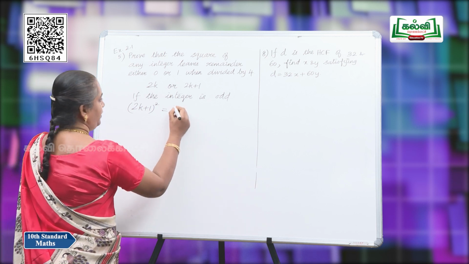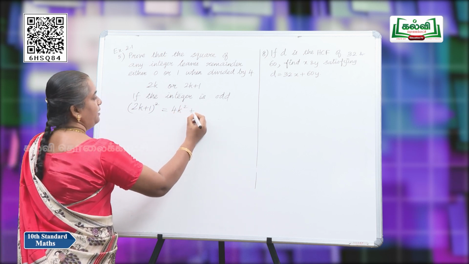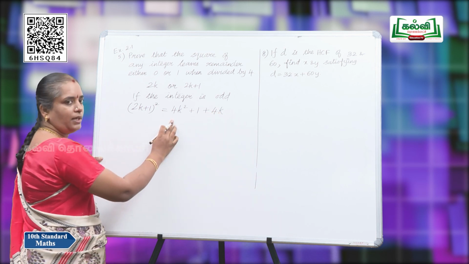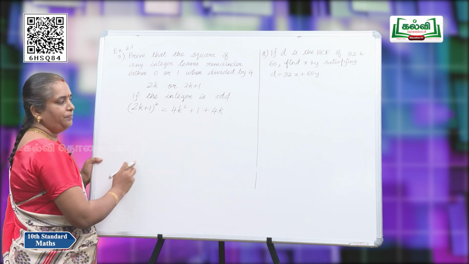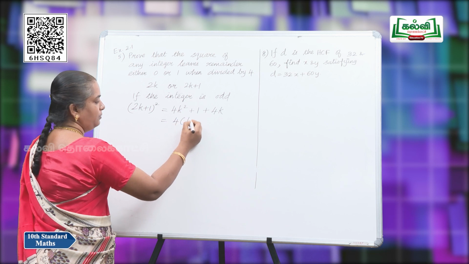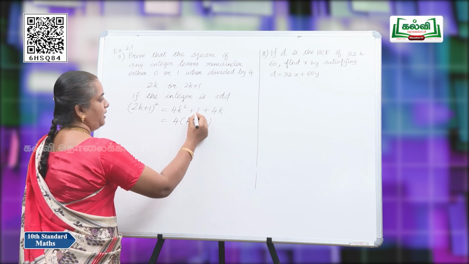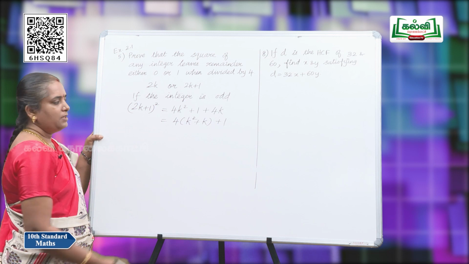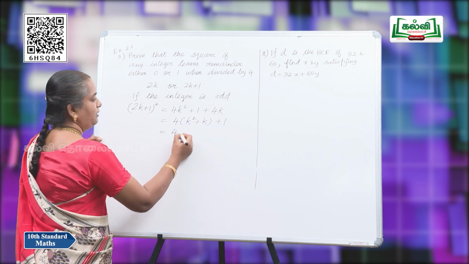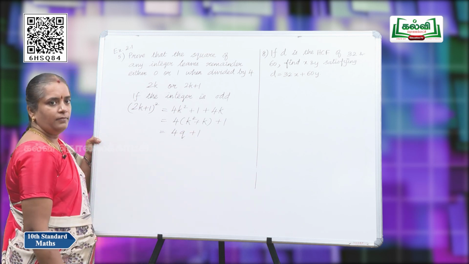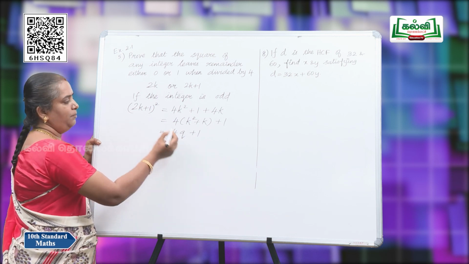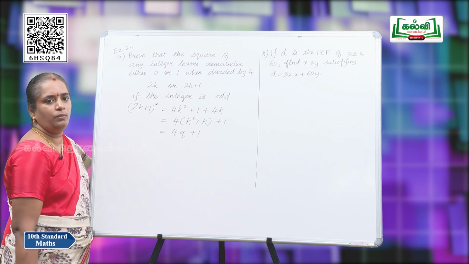So, expanding we know that 4k square plus 1 plus 4k, that is a square plus b square plus 2ab, and taking 4 out in these two terms, 4 into (k square plus k) and here plus 1. So, if we replace this as q, we will be getting 4q plus 1. Okay. So, that means while dividing this by 4, we get the remainder 1.